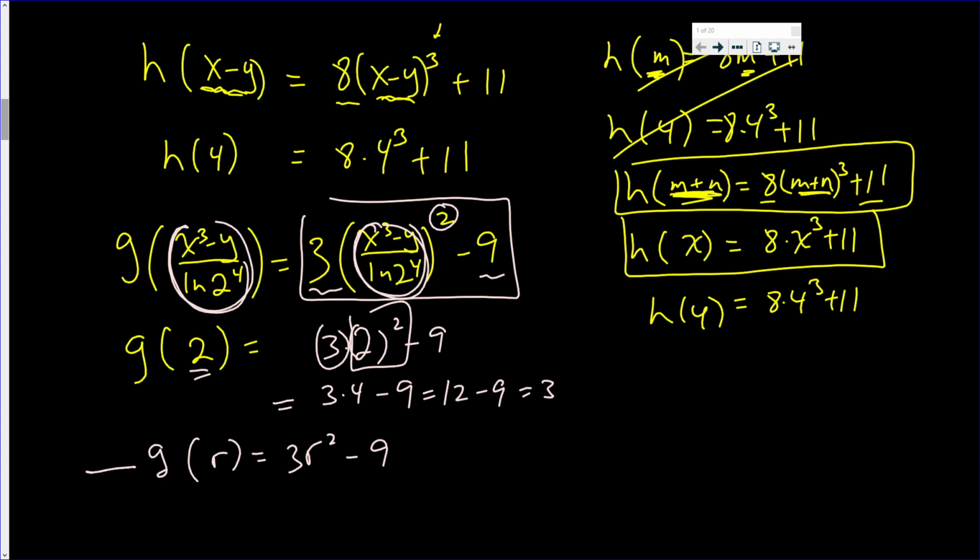If this makes you happier, you can find g of r first, and then it's 3 times 2 squared minus 9, which is 3.